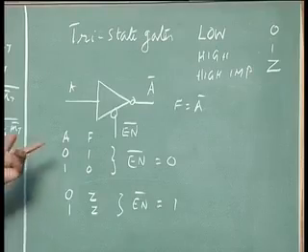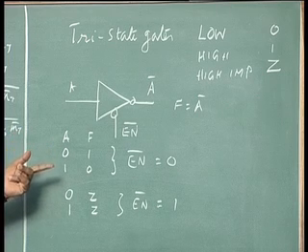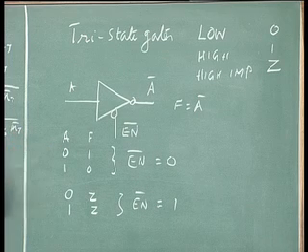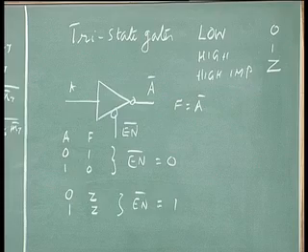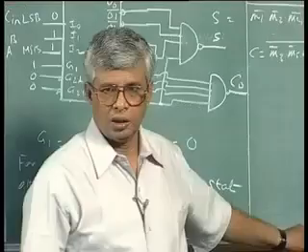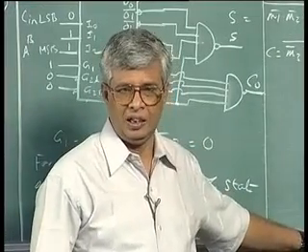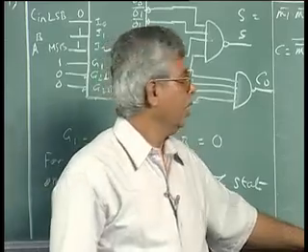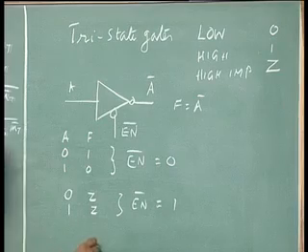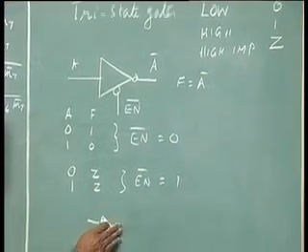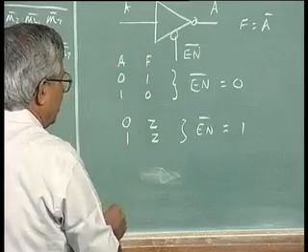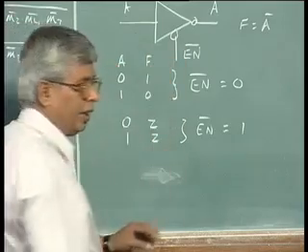Now this is a very important thing in digital hardware development. Conceptually there is nothing here, but hardware-wise there is a feature, the third state. I gave only an inverter as an example, but the same thing can apply to any gate.